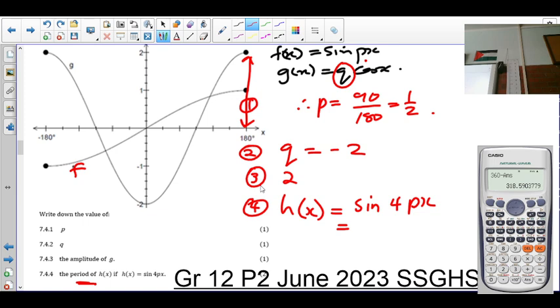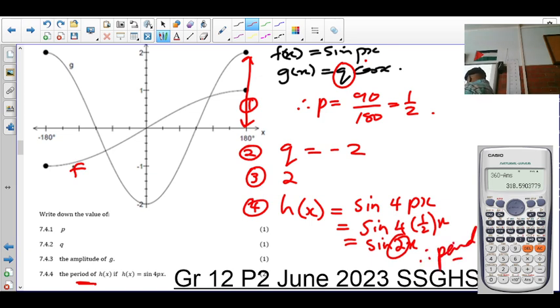I know what my p value is, half. So it's sine 4 times half x, which is the same as sine of 2x. So what is the period of the h of x graph? 180. Therefore the period is equal to 180 degrees.